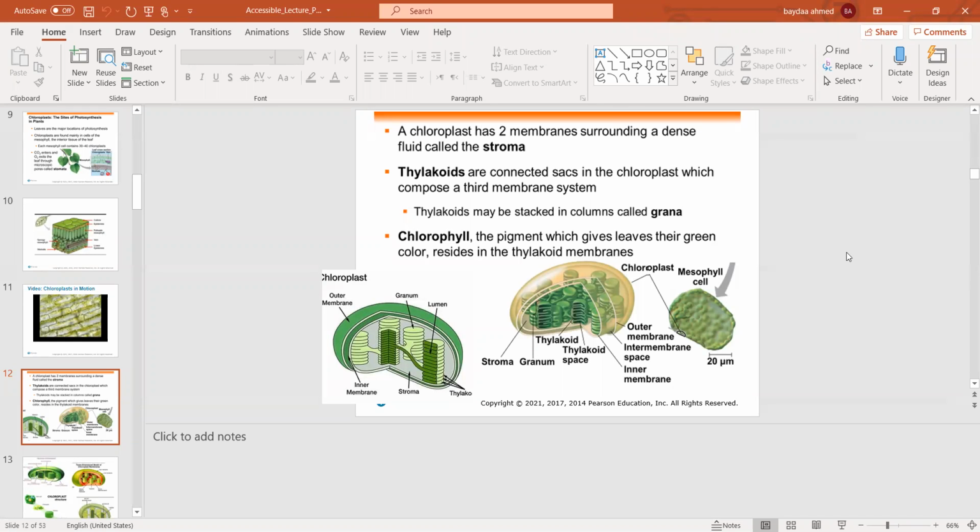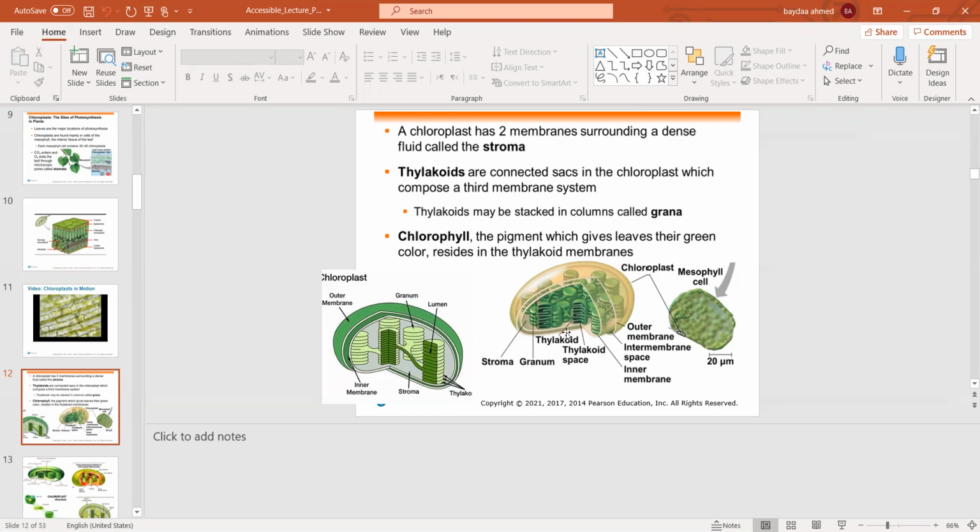A chloroplast has two membranes surrounding a dense fluid called the stroma. Suspended within the stroma is a third membrane system made up of sacs called thylakoids, which segregates the stroma from the thylakoid space inside the sacs.